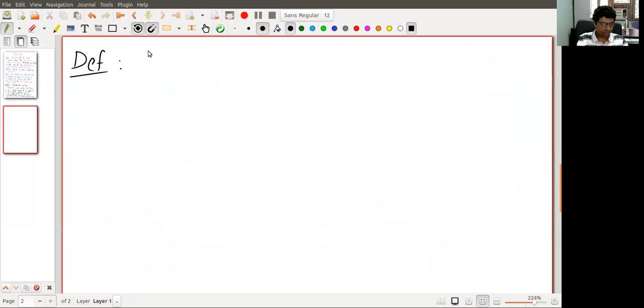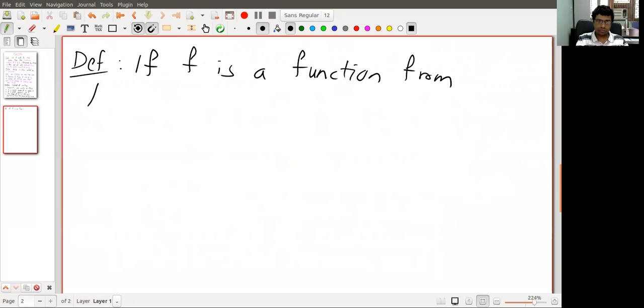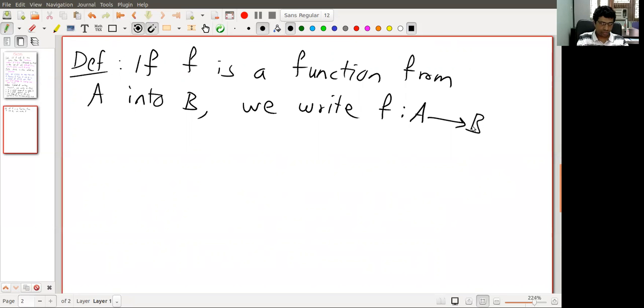Definition of onto function: if f is a function from A into B, we write f from A to B. This is a notation of function.